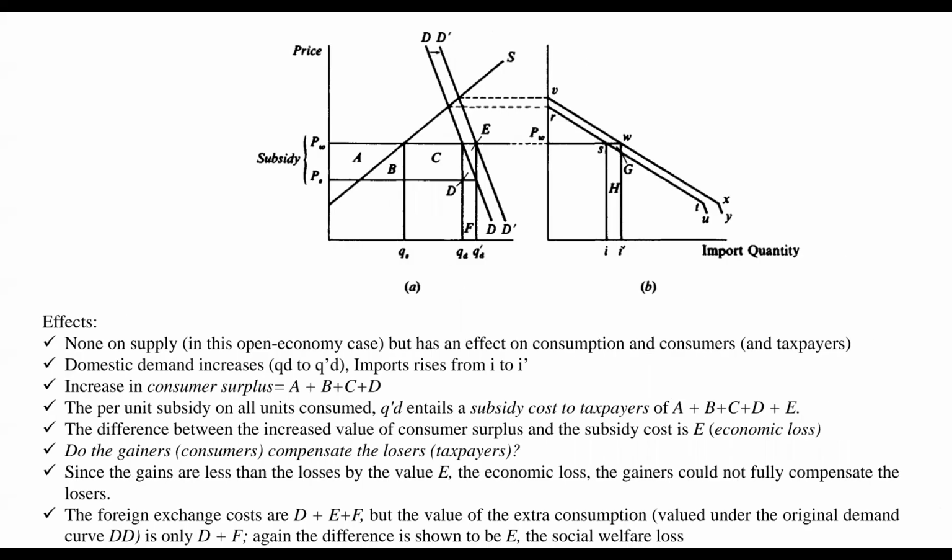We will now observe some of the effects. The effects would be none on supply, so supply remains the same in this open economy case, but there is an effect on consumption and consumers, and especially the taxpayers who fund the subsidy.